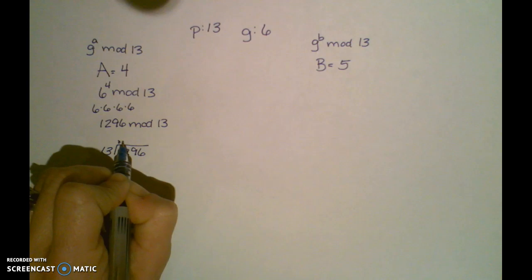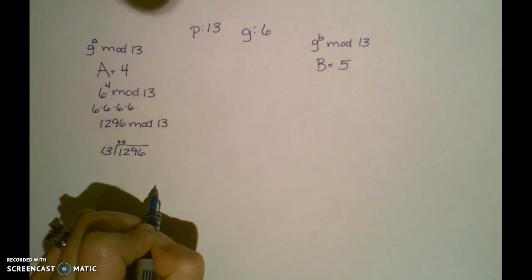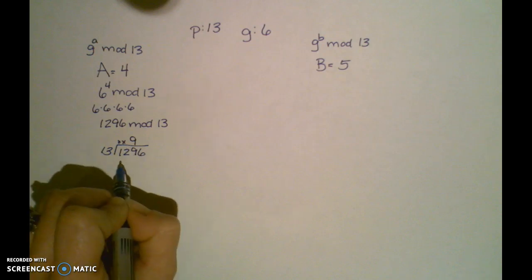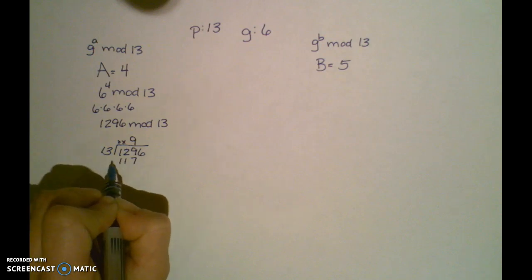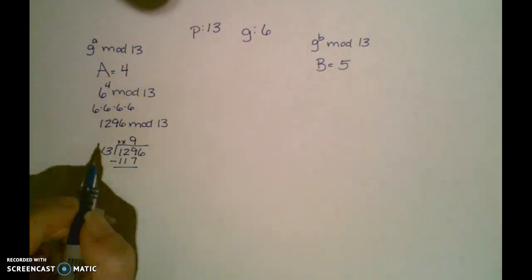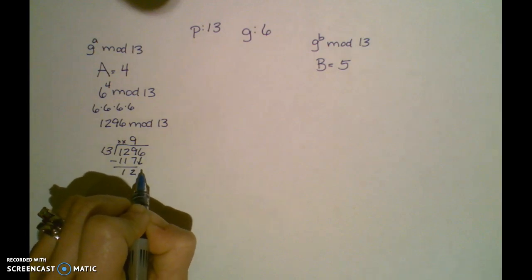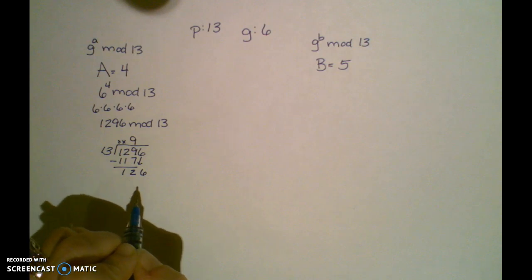Okay, 13 can't go into 1, can't go into 12, but it goes into 129 9 times. And 9 times 13 is 117. So I subtract. This is just the division algorithm that I'm using now. Your computers are normally going to do this for you.